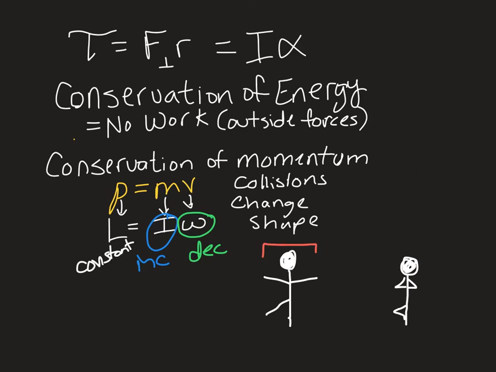Since our skater here has a larger radius compared to when our skater has her arms pulled in, they have effectively changed their moment of inertia. By having that larger radius, this skater will have a larger moment than this skater. But this is the same skater overall.